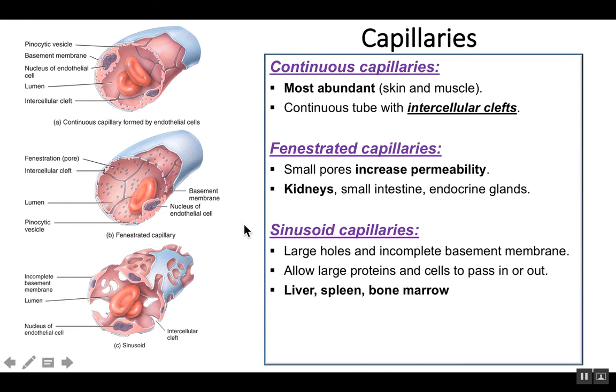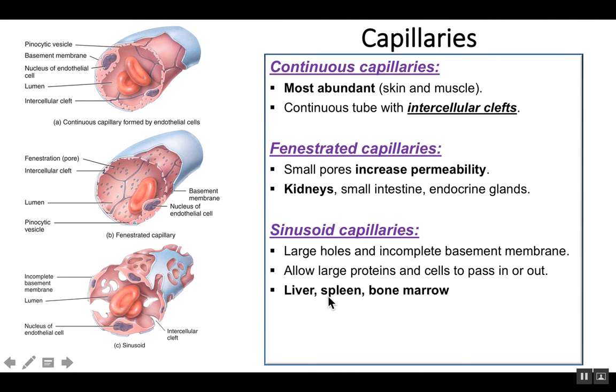The liver produces a lot of large proteins that need to go into circulation. So if you can think of a hepatocyte being outside this capillary, and it's making some of these proteins, you want them to get into circulation efficiently. So the liver has sinusoid capillaries. We'll talk more about that another day.